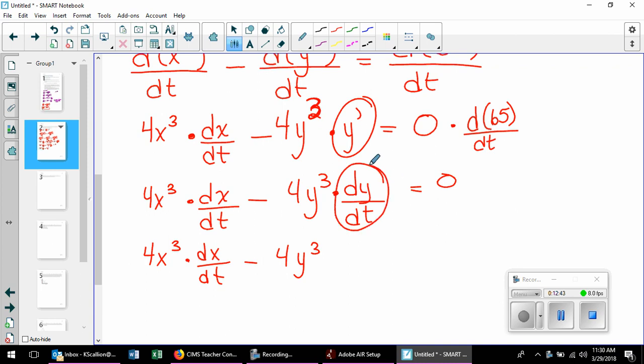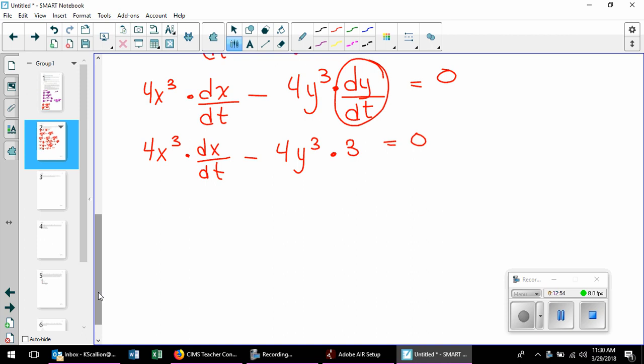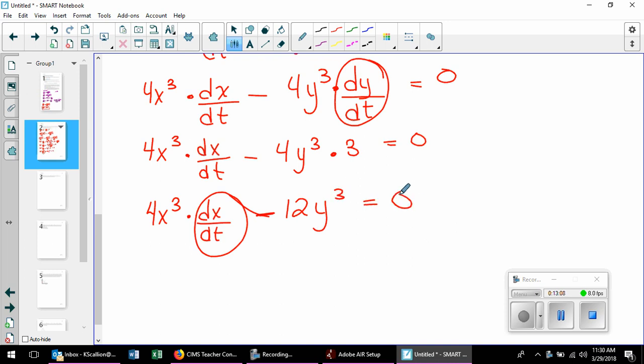What's the value of this? It's in the question. 3, and that's equal to 0. So I've got 4x cubed times dx over dt, which is what I'm trying to find, minus 12y cubed equals 0.